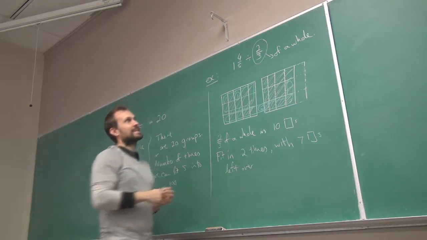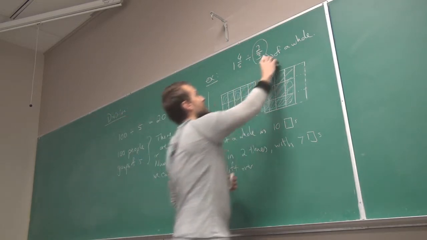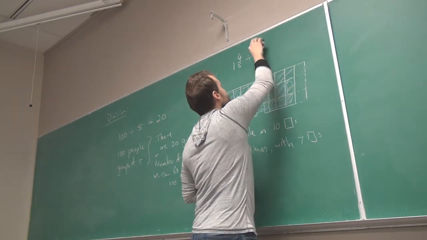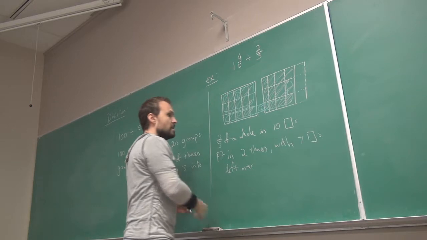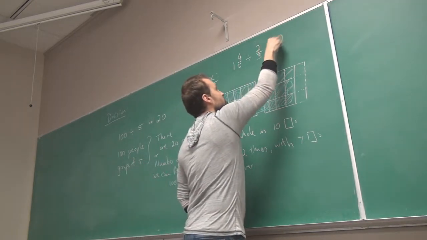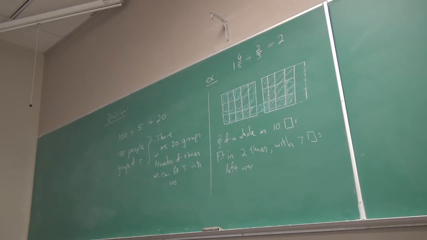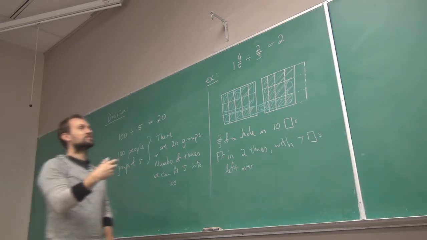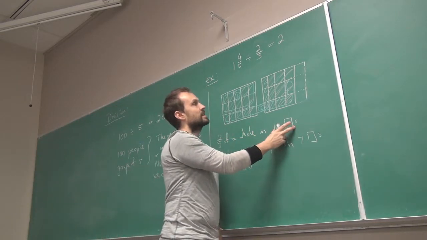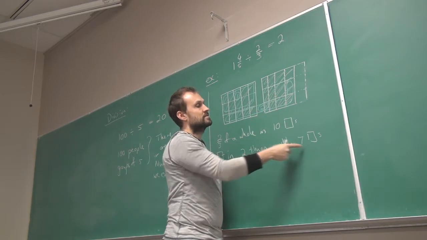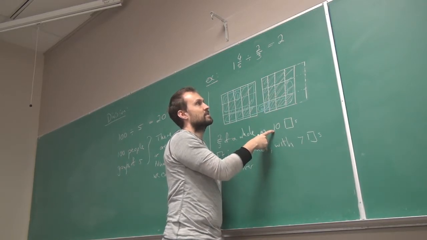So here's the thing. Now I want to write my answer. How do I write my answer? Well, it's 2. 2 whole times can I fit in 2/3. And how much of my 10 can I fit in? 7 out of the 10 that I need.